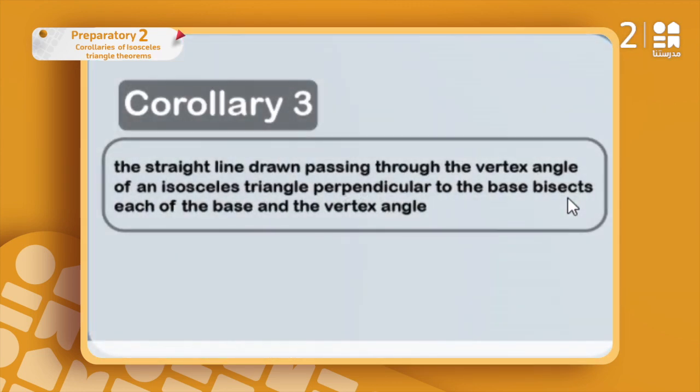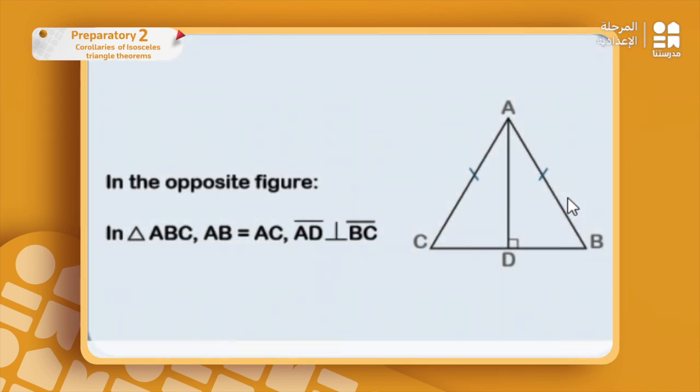Corollary number 3 states that the straight line drawn passing through the vertex angle of an isosceles triangle perpendicular to the base bisects each of the base and the vertex angle. In the opposite figure, in the triangle ABC, AB equals AC, and the line segment AD is perpendicular to the line segment BC.